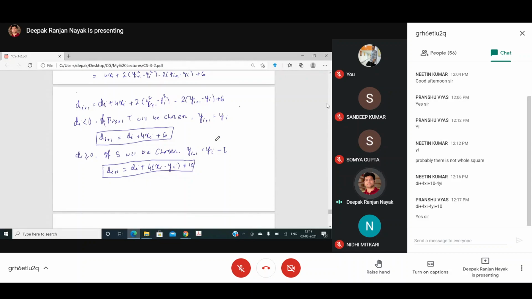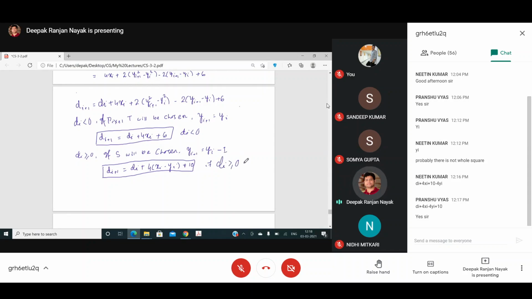So what we have seen right now is that d of i plus 1 will be equal to di plus 4xi plus 6 when my di value is less than 0, and d of i plus 1 is equal to di plus 4 into xi minus yi plus 10 if di is greater than equal to 0.